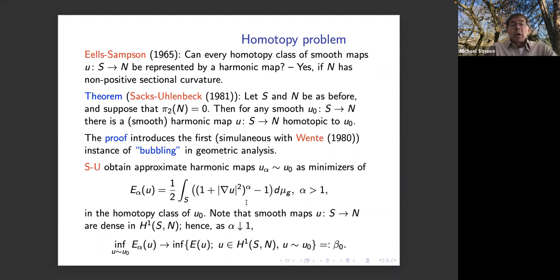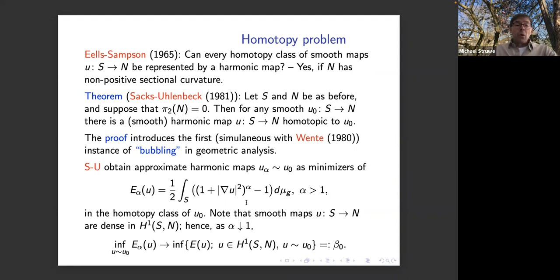And of course, also by the density of smooth maps, we can define homotopy classes of maps also in the Sobolev space H^1. And we'll call this latter infimum beta_0.